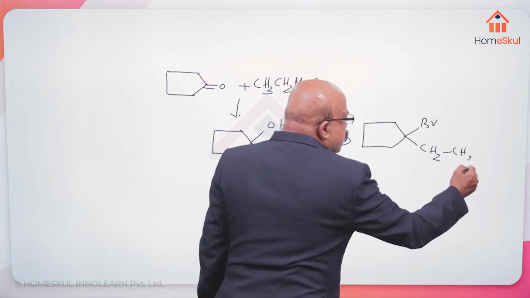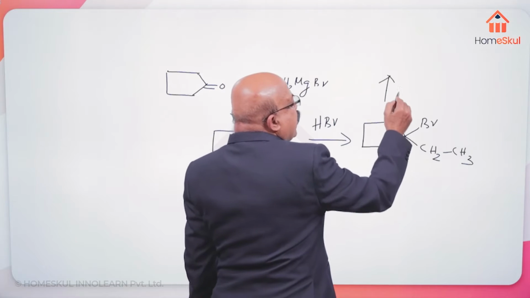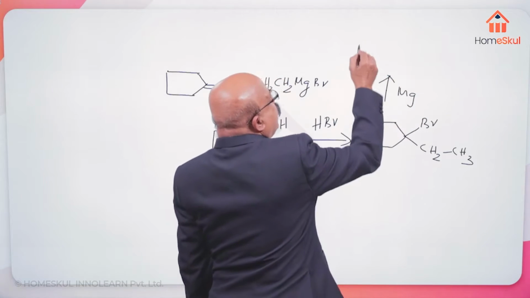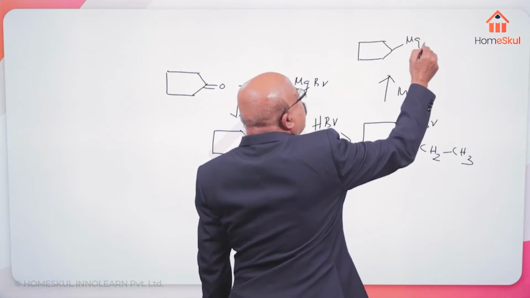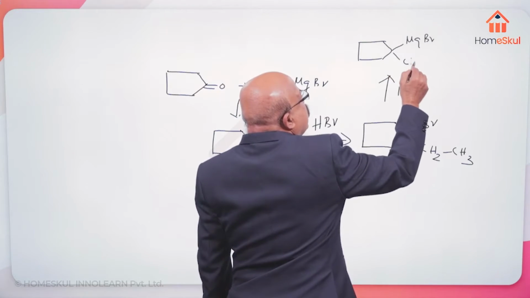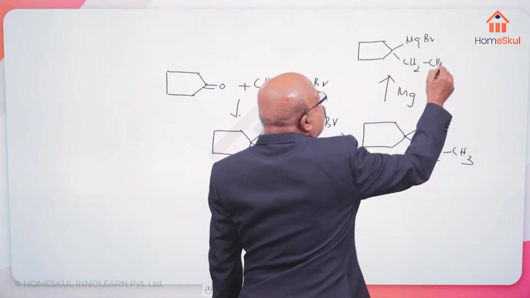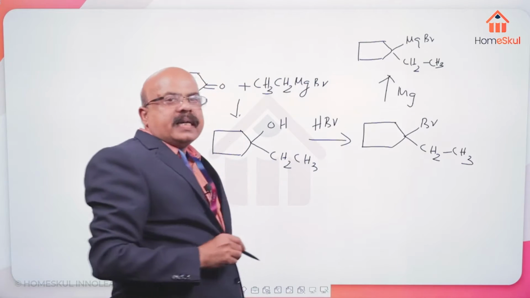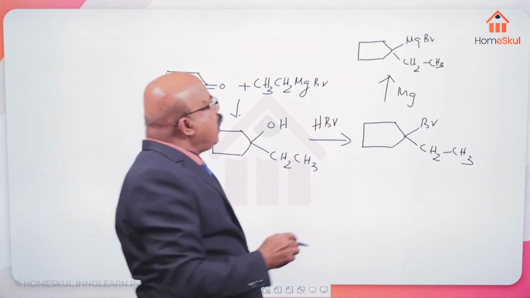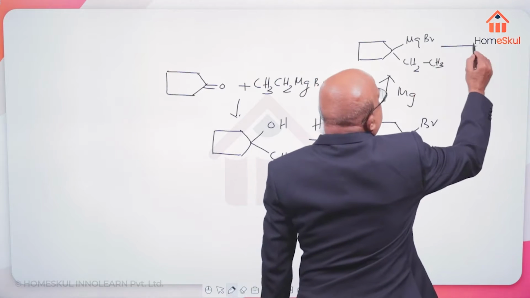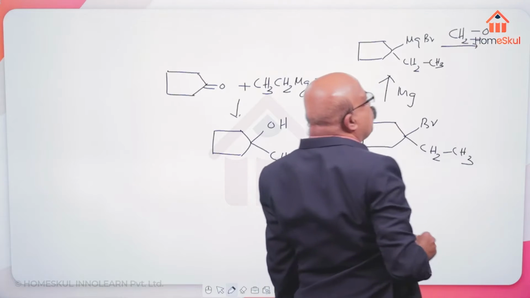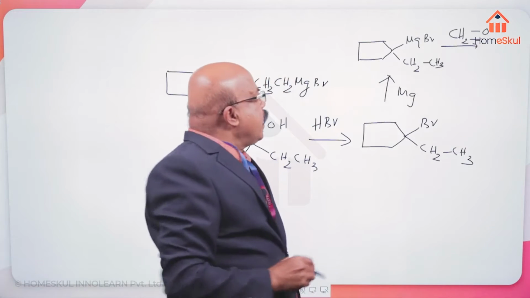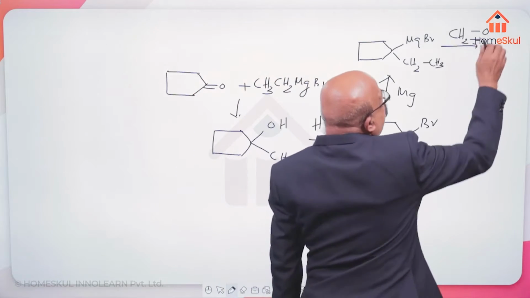Along with CH2CH3. This on further reaction with magnesium produces another Grignard reagent, that is MgBr here with CH2CH3. This on reaction with methanal, CH2=O, followed by hydrolysis, you will get a primary alcohol.